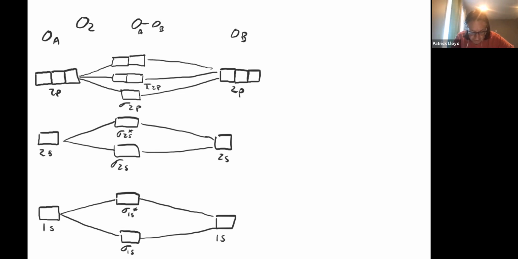So that's pi 2p star. So right, the ones that are anti-bonding orbitals are higher in energy than the atomic orbitals. And then you get one more, which is sigma 2p star. So notice here, all the stars are up at the top, right? And all the ones that are not stars are at the bottom.